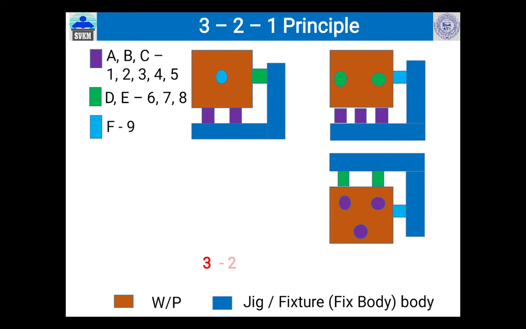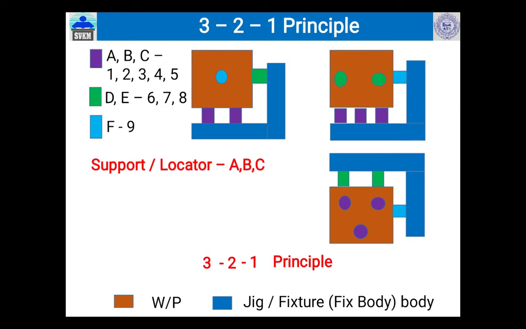So a total of 9 degrees of freedom we can restrict, as we are using 3-2-1 pins. This is called the 3-2-1 principle.